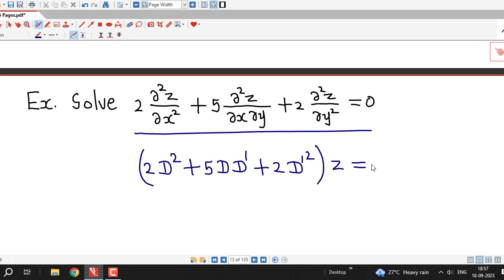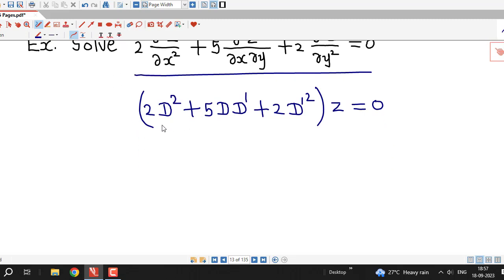And we can see here right hand side is 0, that is, this is linear partial differential equation with constant coefficients which is homogeneous. And here our function capital F is homogeneous in D and D'.